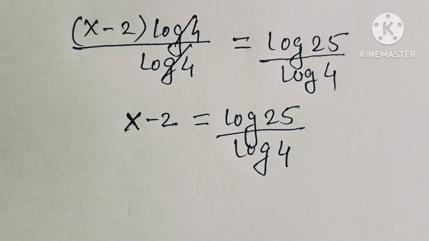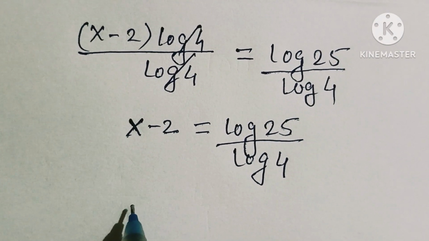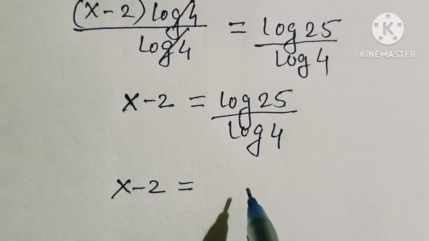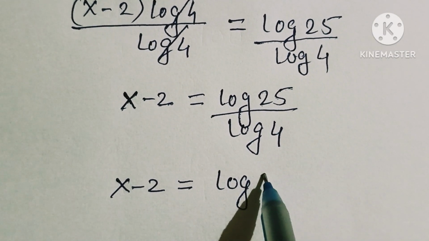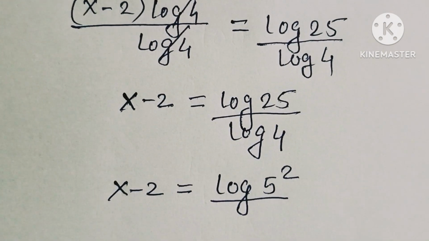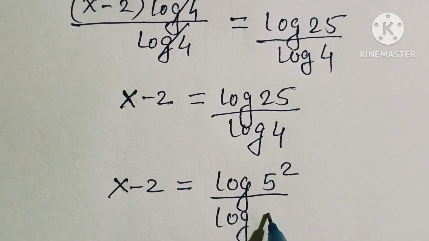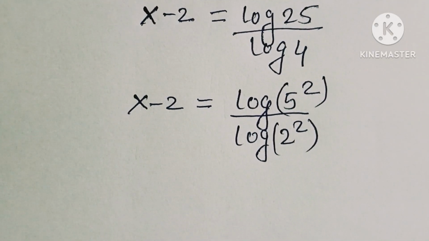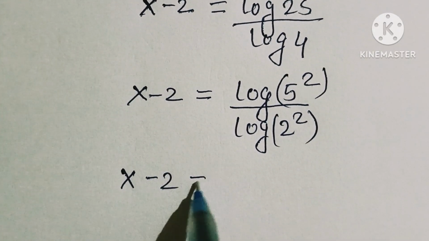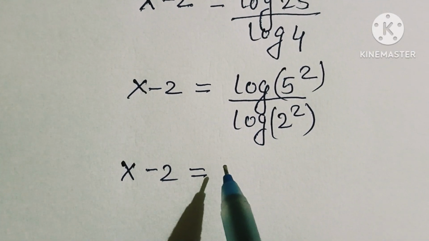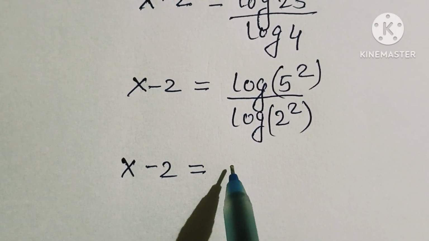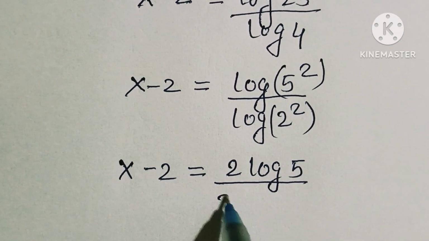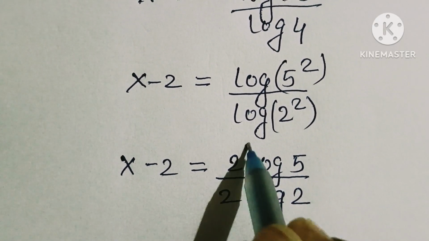Now we get x minus 2 equal to, log of 25 is 5 square and log of 4 is 2 square. Now x minus 2 equal to 2 log of 5 divided by 2 log of 2. Here 2 will be cancelled.